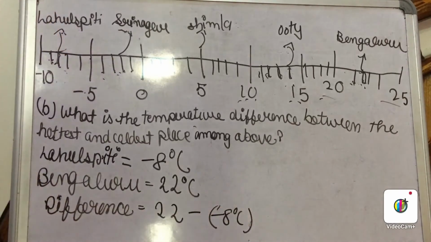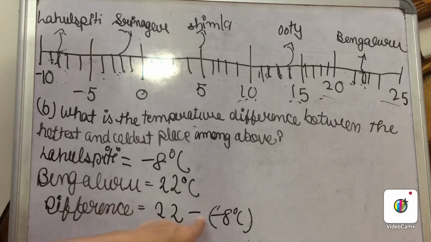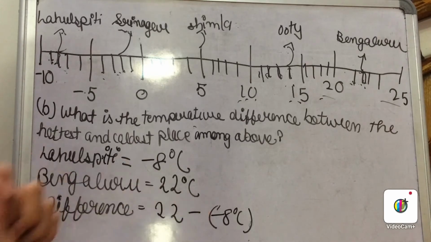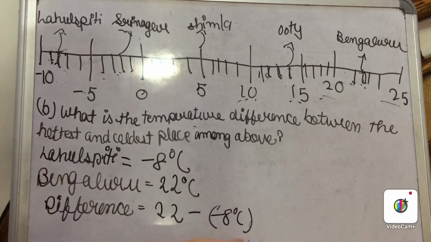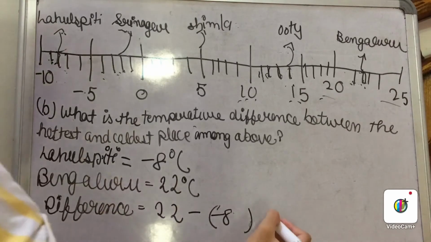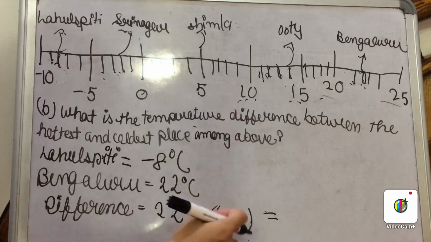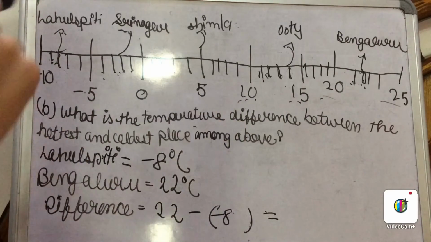Why have we written two minus signs here? Because we have to find the difference, so there is one minus, and the value of the number is -8. There is no need to write the degree Celsius. Now how would we find the difference? Firstly we have to solve this expression: 22 minus -8, minus minus becomes plus.